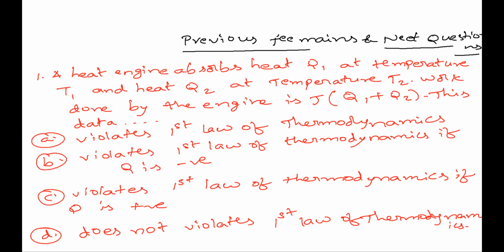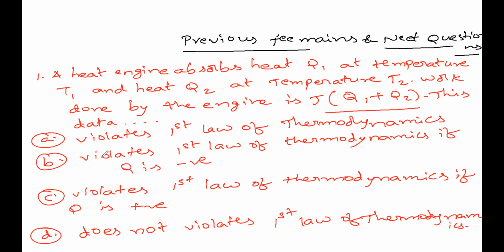So in this case, a heat engine absorbs Q1 at temperature T1 and Q2 at temperature T2. Work done by the engine is J into Q1 plus Q2. So completely work is done. So this is not possible because always mechanical energy is converted into other forms of energy.